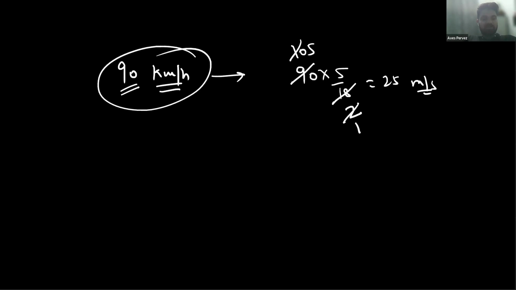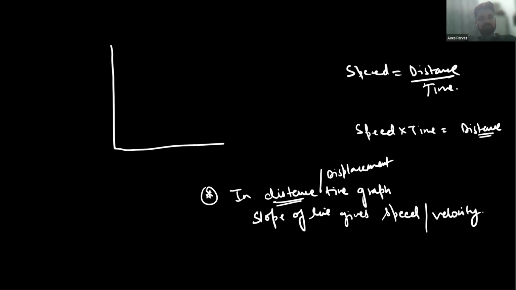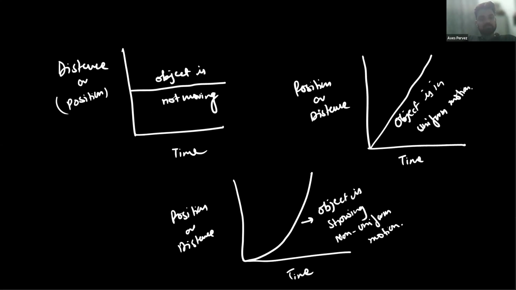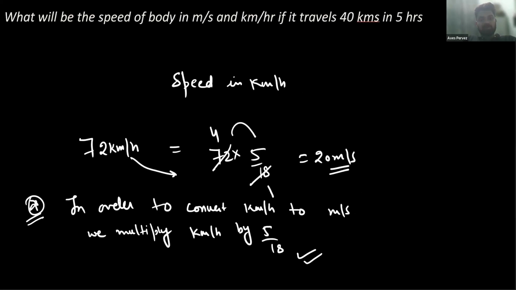Okay. So please solve this question. What would be the speed in meter per second and kilometer per hour? Both you have to tell me, what is the speed if it travels 40 kilometer in 5 hours.